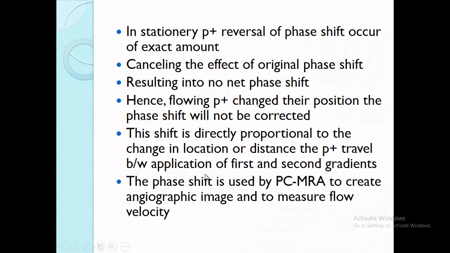So that's why we say that cancelling the effect of the original phase shift results in no net phase shift. The difference is between the stationary and that of the moving one. The stationary will appear as a darker one, and the moving one will have some contrast to it, and it will appear as a bright one. So the flow protons change their position and the phase shift will not be corrected at all.